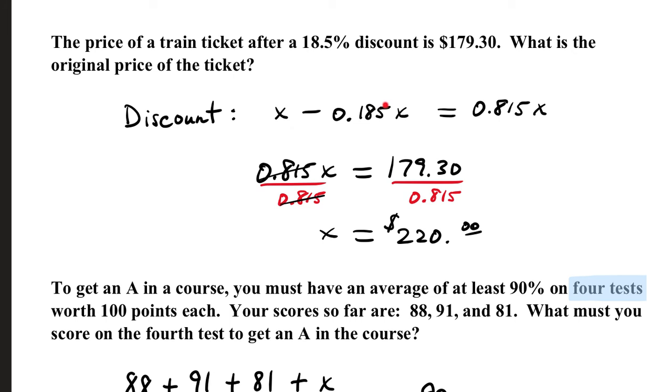If we take off 18.5%, remember to use the decimal form of that amount, then basically with the discount we're paying 81.5% of the original price. So 81.5% of the original price is what we purchased the ticket for. That's $179.30. Divide both sides by 0.815 and we get an original train ticket price of $220.